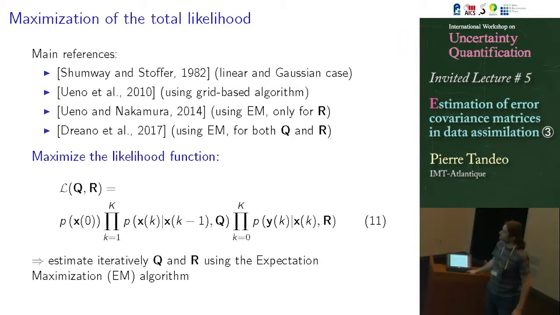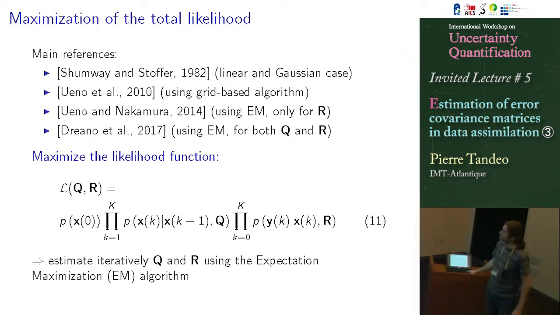I didn't talk about this here, but we can also include the initial condition in the likelihood function, and sometimes it's very useful. This technique in state space models is very old, I would say. It was given by Shumway in the 80s for the linear and Gaussian case. So this is very famous for this case.